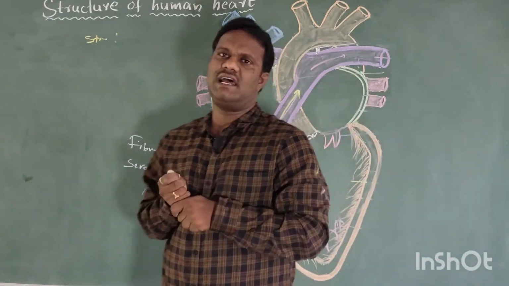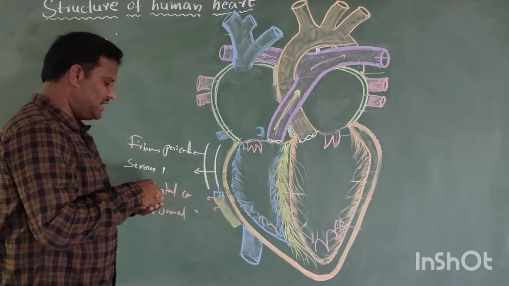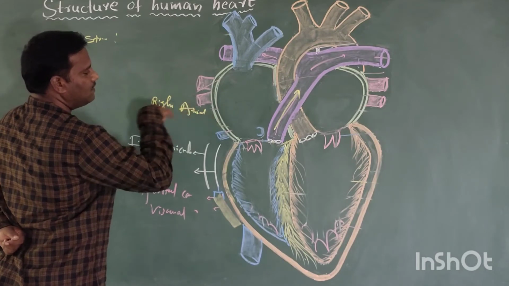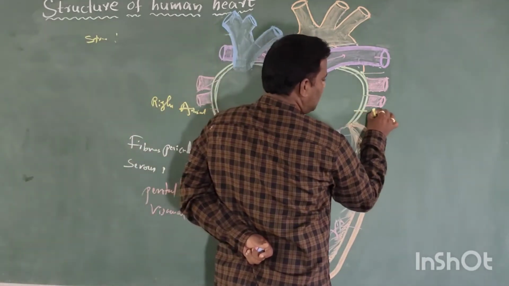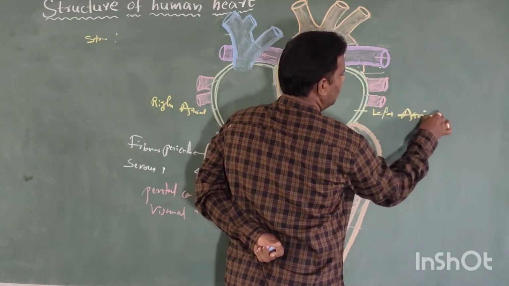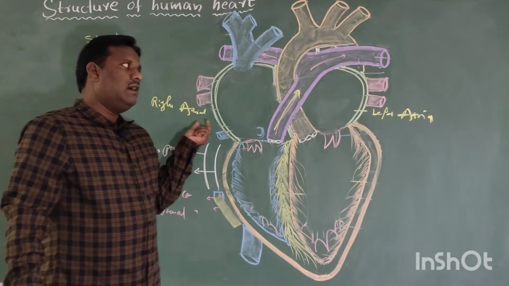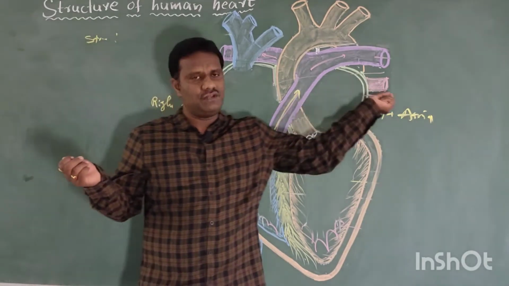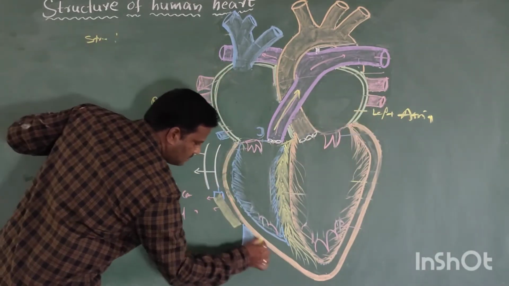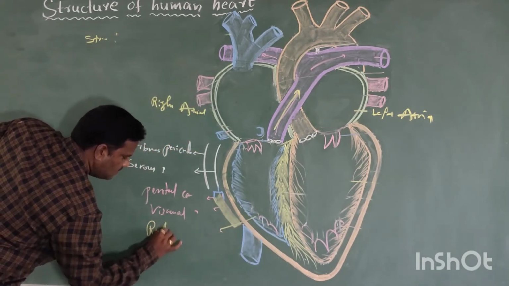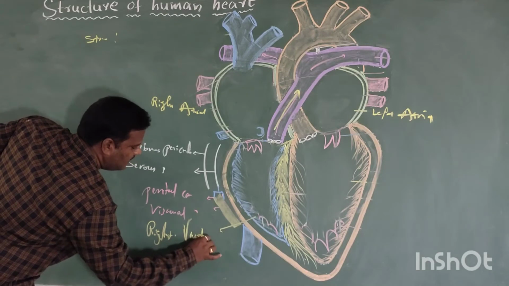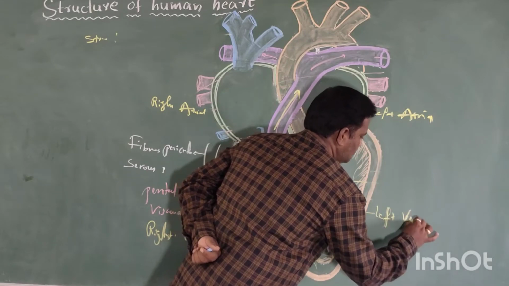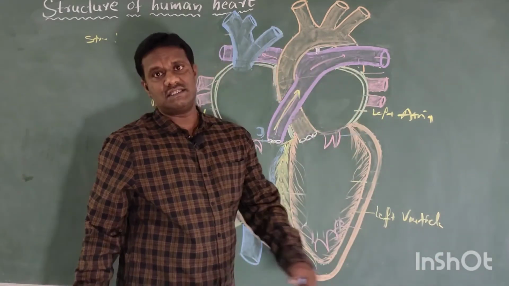In the external structure, mainly 2 atria are present: the right atrium and the left atrium. In the above 2 chambers of the heart, the atria are present, the right atrium and the left atrium in humans. At the bottom level, there is the right ventricle, and the left side is called the left ventricle. So the heart consists of 4 chambers.